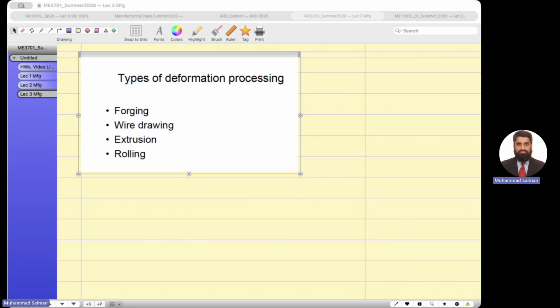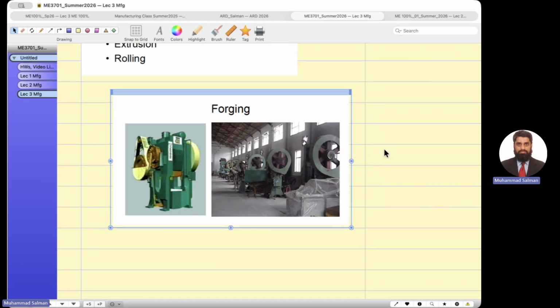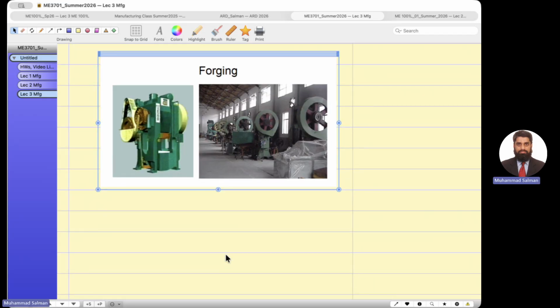Some of the machines which you will see when you find such a company which is performing this is, I believe, an old manufacturing process where the hammer which is run by an electrical motor is forging the material.